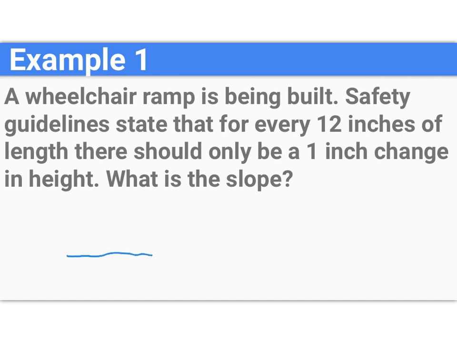If we have 12 inches in length and 1 inch in height, and we draw a little triangle, we see that the change in y is 1 and the change in x is 12. The slope is given by the change in y over the change in x, which is 1 over 12. And that is our slope, 1 over 12.